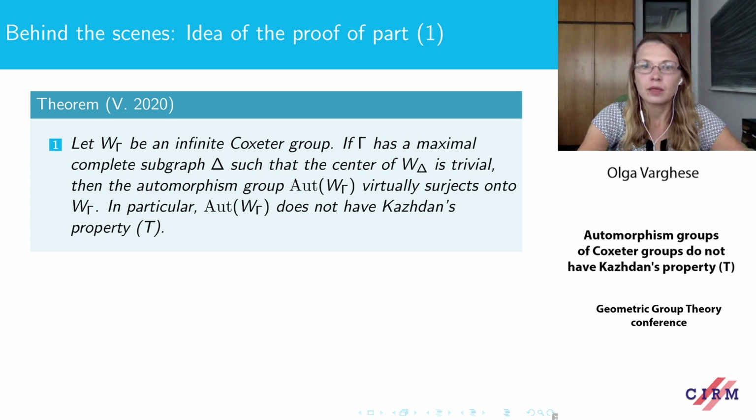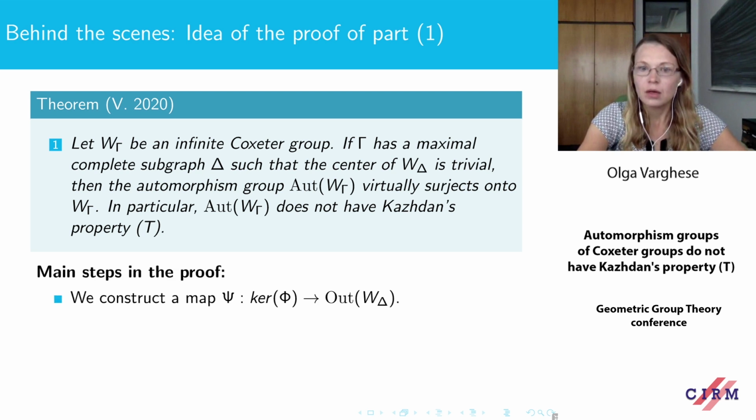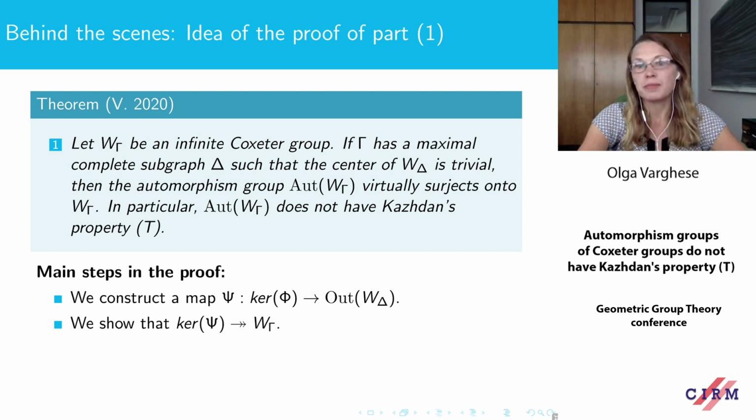Okay, so back to the theorem, and let us discuss the main steps in the proof. First we construct a map psi from the kernel of phi to the outer automorphism group of W delta. And then we show that the kernel of psi maps onto W gamma.